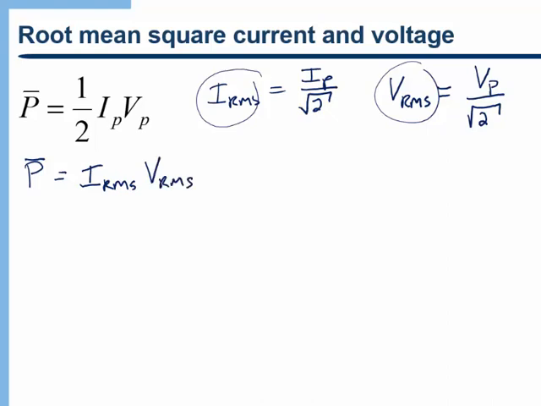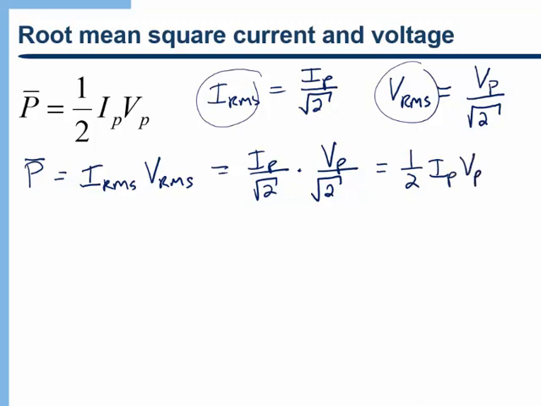Because you'll notice that's peak current divided by the square root of 2 times peak voltage divided by the square root of 2, which gets us back to 1/2 peak current, peak voltage. So I_RMS and V_RMS are essentially the DC equivalents for an AC circuit.